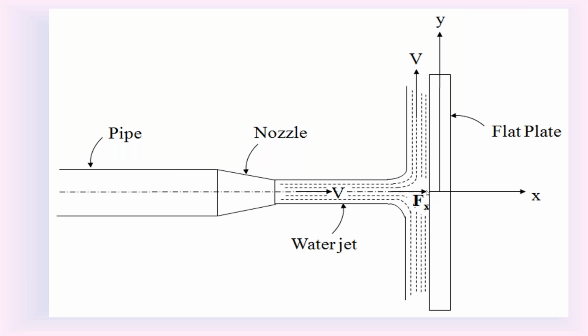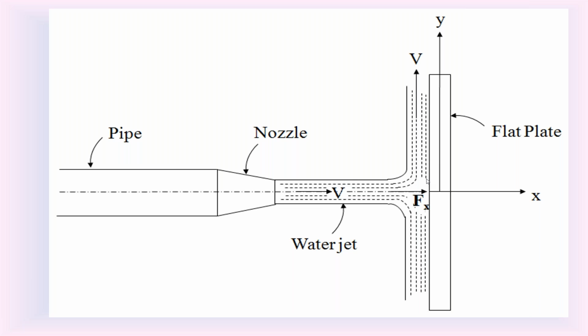After the impact, the water jet will move on the surface of the metal plate in the vertically upward direction. We consider this surface of metal plate is smooth, so there is no loss of energy when the water jet is hitting the metal plate.